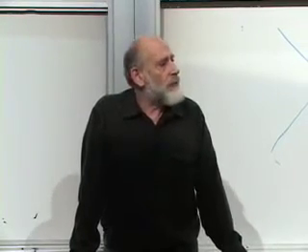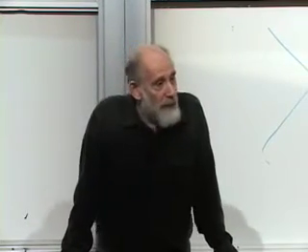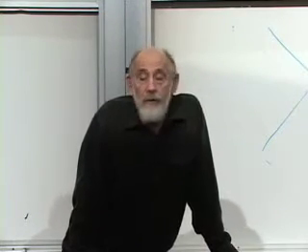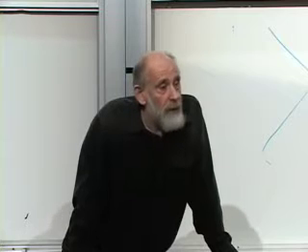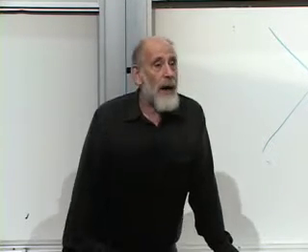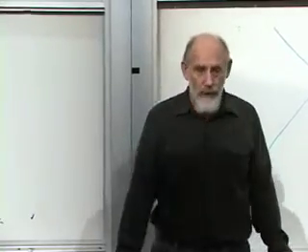Now, what we're trying to do is put together something which is the analog of a point mass. Keep in mind that in Newtonian physics, the solution for a point mass has a degree of generality which goes beyond the point mass.